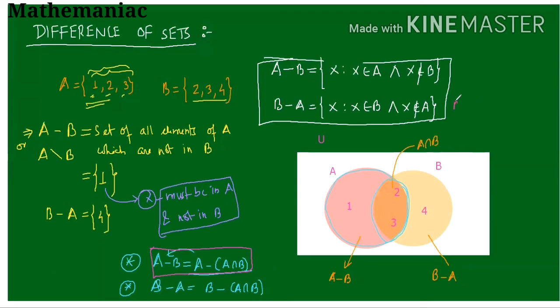If tomorrow somebody asks you to find the number of elements in A minus B, it is very clear to write it like this: number of elements in A minus number of elements in the intersection. So to obtain this only, I wrote these relations. In a similar way, the number of elements in B minus A will be number of elements in B minus number of elements in A intersection B. Great. Once you finish, please tell me. I'll go for the next.